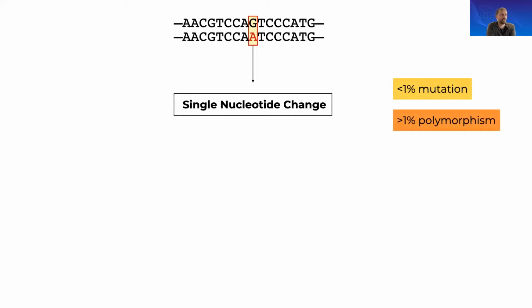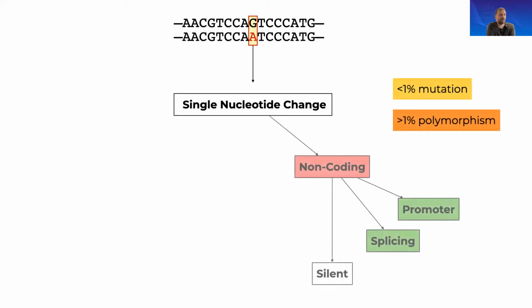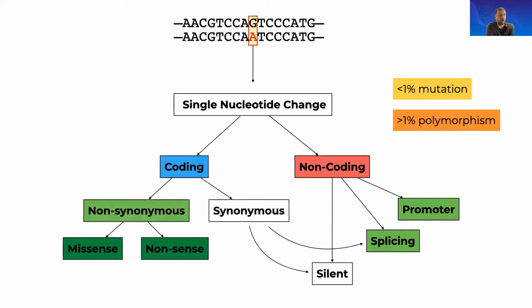Those that have more than 1% of the population would be considered polymorphisms, or SNPs, single nucleotide polymorphisms. Then, if they are single nucleotide polymorphisms, we will consider whether they are in the coding or the non-coding region of a gene. And if they are in the coding region, we typically will ask the question, do they change the amino acid or do they not change the amino acid?